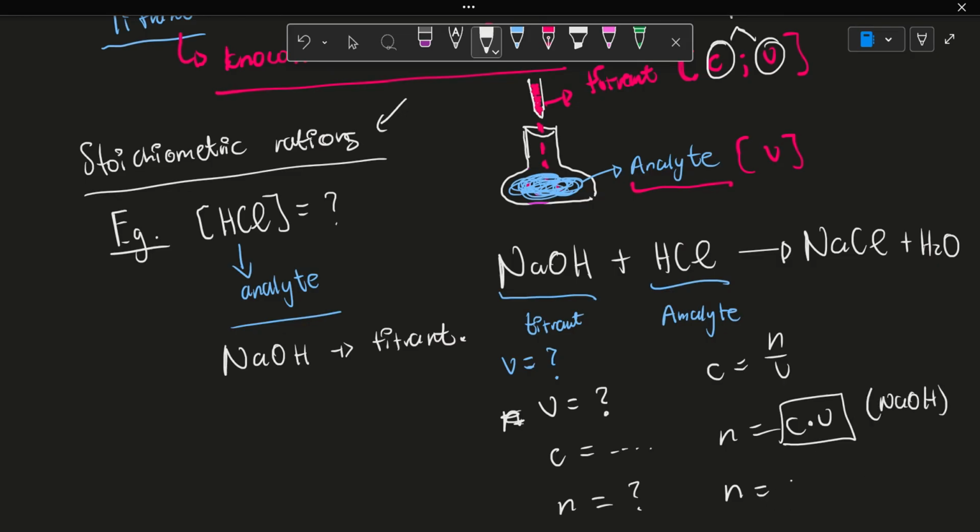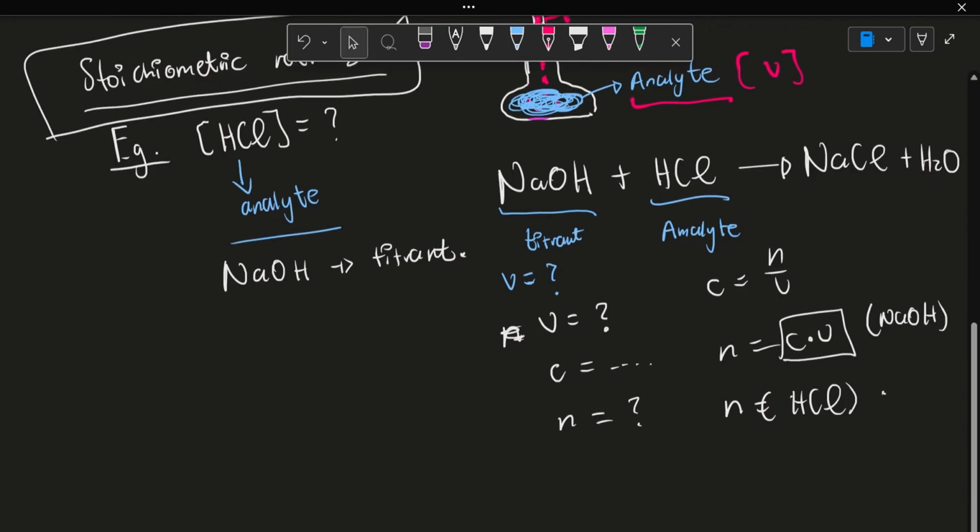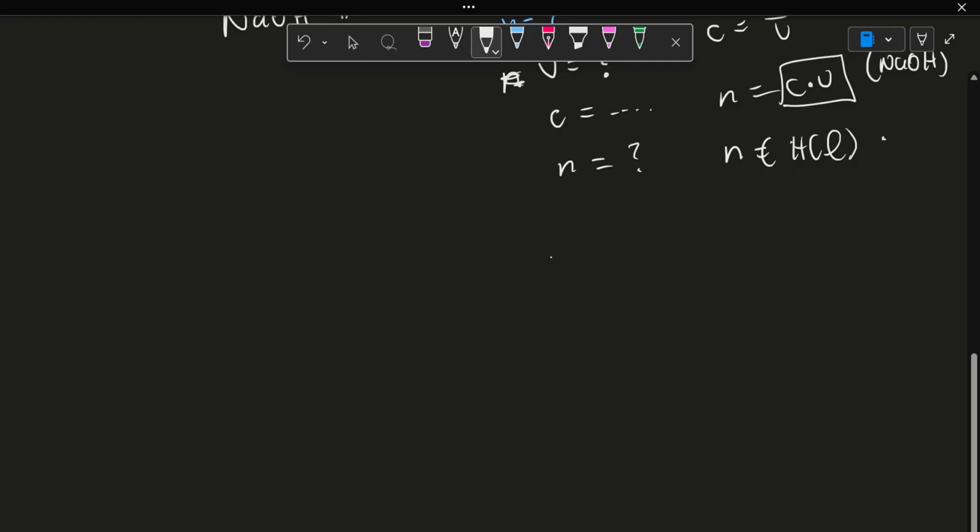And now I can get the number of moles of HCl using the stoichiometric ratio. The number of moles of HCl would be equal to the number of moles of sodium hydroxide. Why?